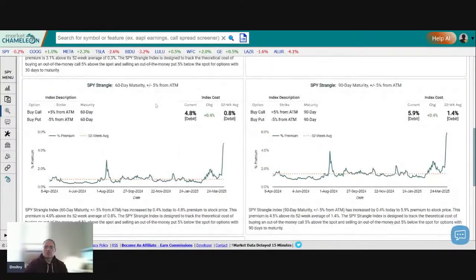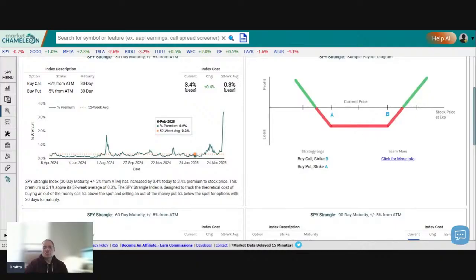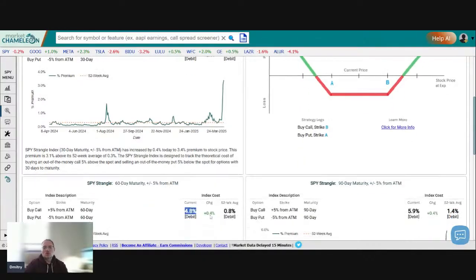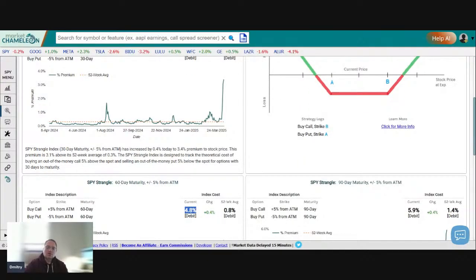And as we slide down, we could see the same thing happen in 60 days out and 90 days. So 60 days out, we're looking at a 4.8% premium in the wings. 90 days out, 5.9%. So you can see here how it's climbing from 3.4, go out another 30 days, you're adding another 1.4% in premium.